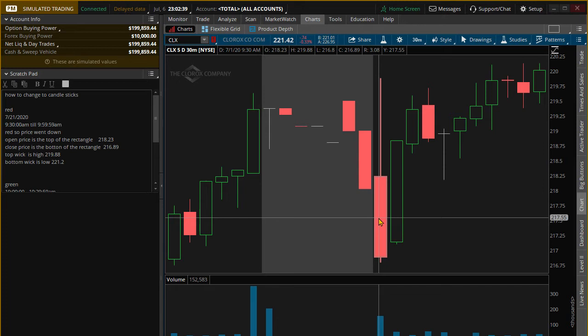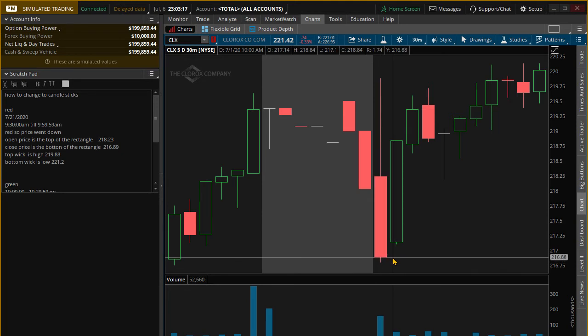The top of the wick is the high. The top of the wick is this skinny thing right here, the very top. That is the high. When I hover above it, it should say 219.88 for the high. The high is the highest price that this stock reached between 9:30 a.m. and right before 10 a.m. And the bottom part of the wick, this short thing right here, is the low.